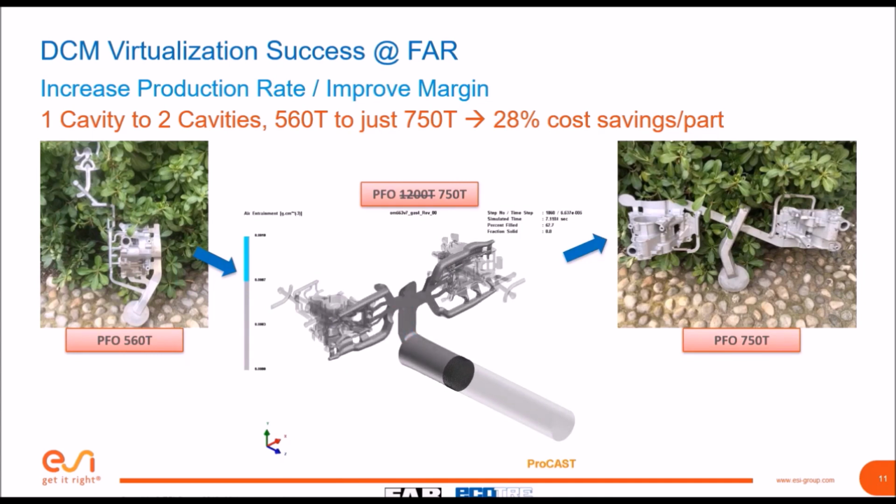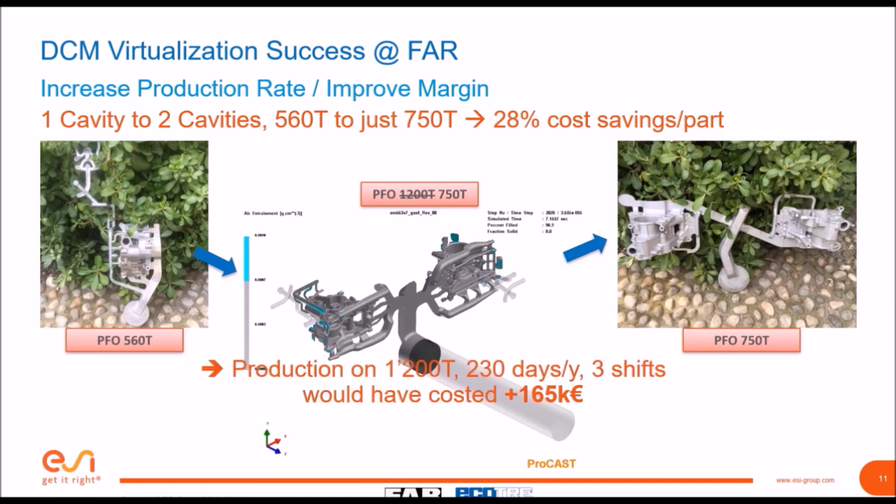This also impacted the cost savings per part, which was about 28% compared to the single cavity one. And one main benefit which also gets unnoticed: imagine the same part manufactured on a 1200 ton machine, with, let's say, 230 days per year on 3 shifts, it would have cost 165 kilo euro more than what it is today with 750 ton.